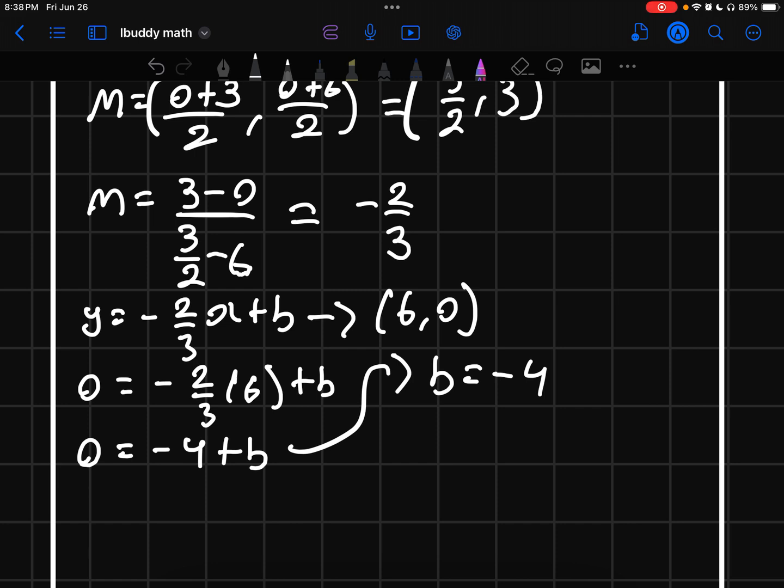So we can put that into the equation and make it y is equal to negative 2 over 3 x plus 4.